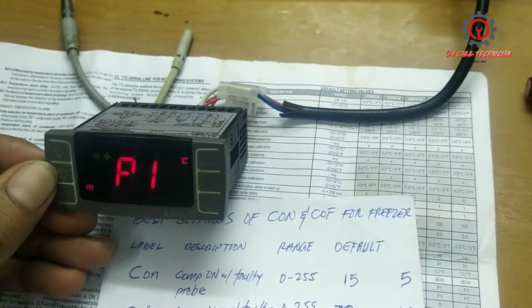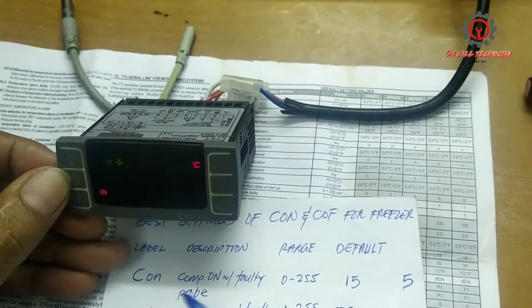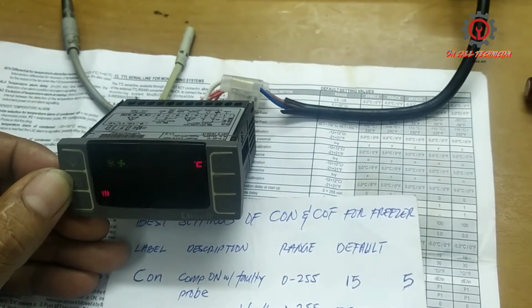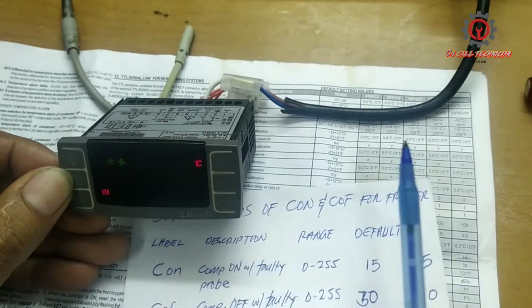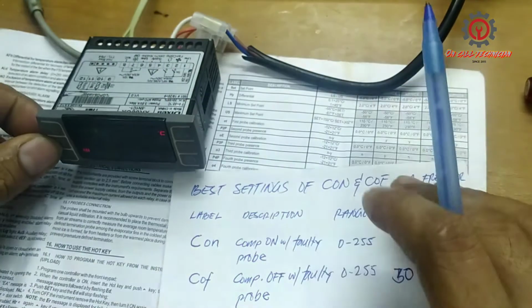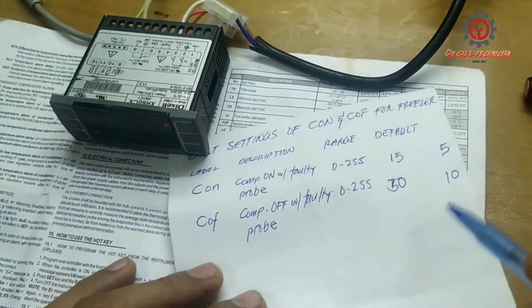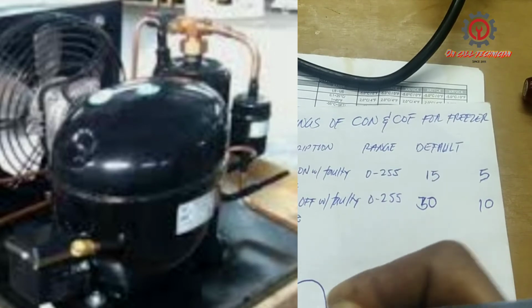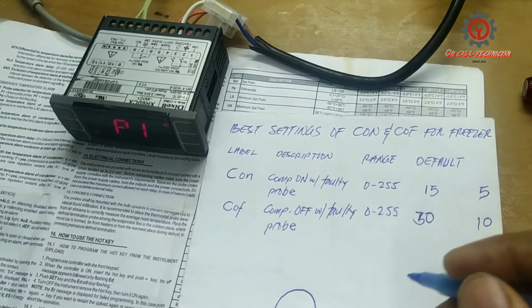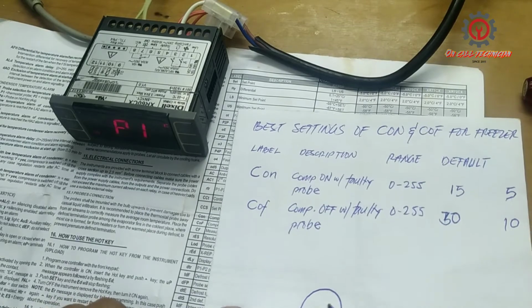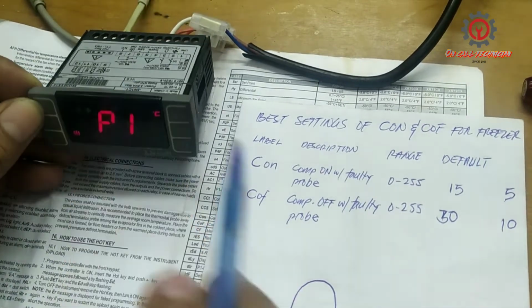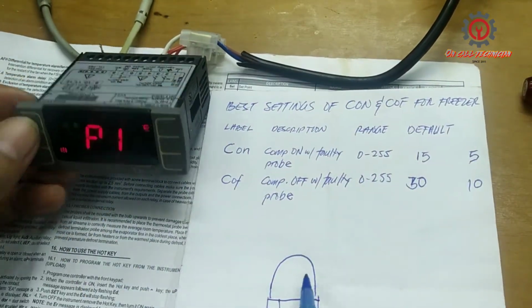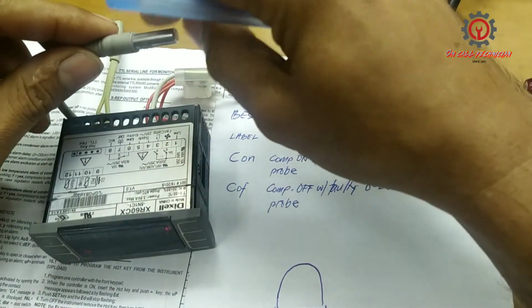Therefore the proper setting for this is you're gonna put 5 minutes for the C-on and 10 minutes for the C-off. The purpose of this, guys, is so that the compressor will send signal to this control to on and off during this faulty probe.